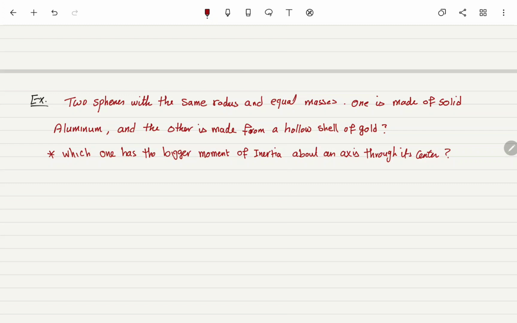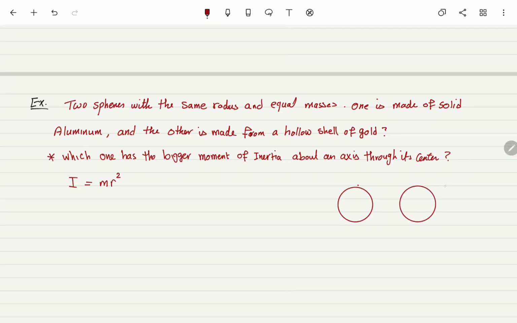Now to answer this one, remember moment of inertia is equal to m r square. So it depends on the mass of the object and the square of the distance from the axis. Both spheres have the same mass, but one of them is hollow, which means all the mass is concentrated on the outer shell. This is the hollow sphere, and this is the solid sphere.